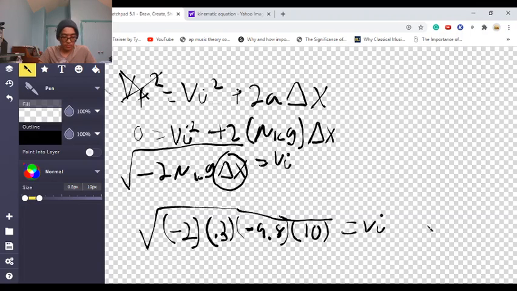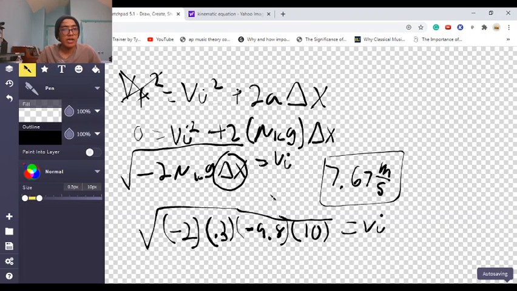Flip the phone, there you go. The square root of this is going to be around 7.68 or 7.67 meters per second. And that's your answer.